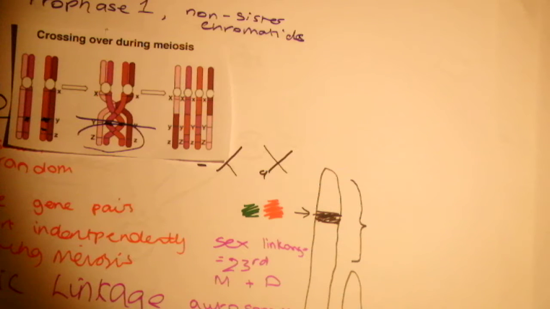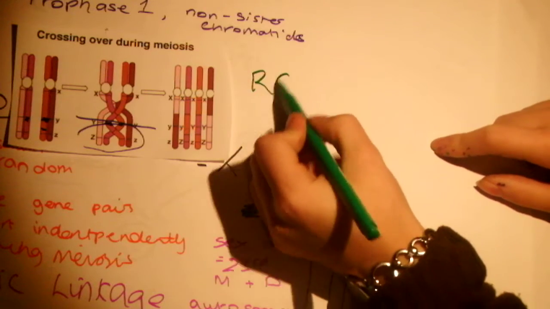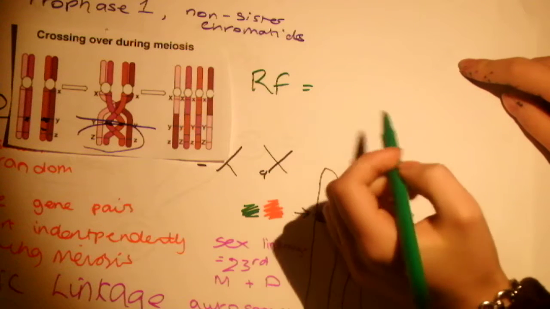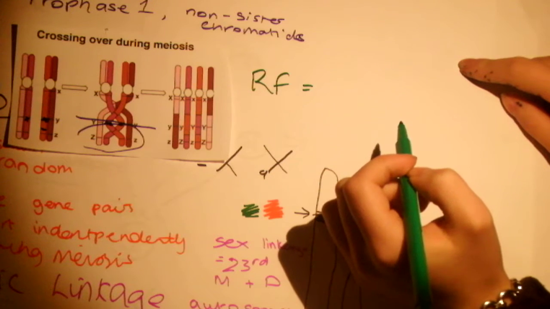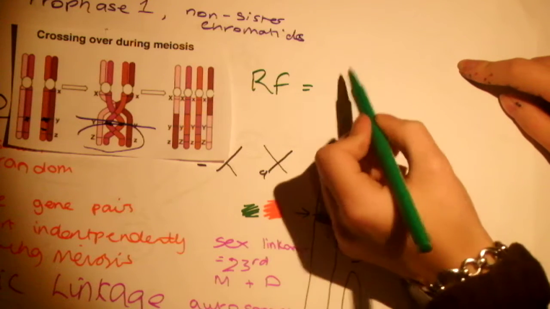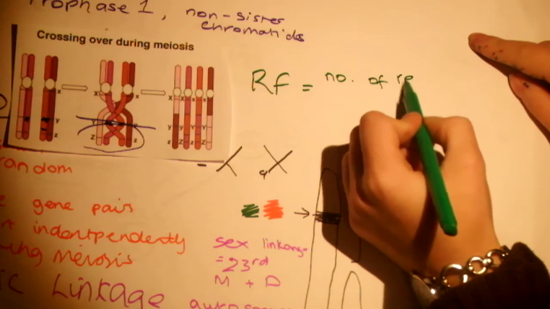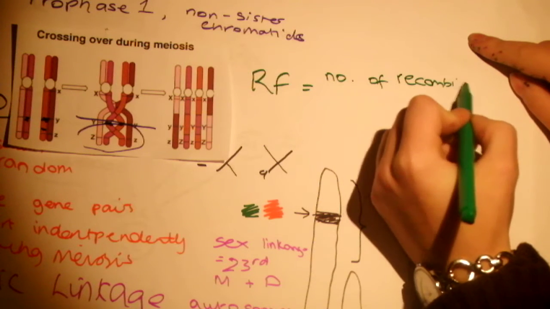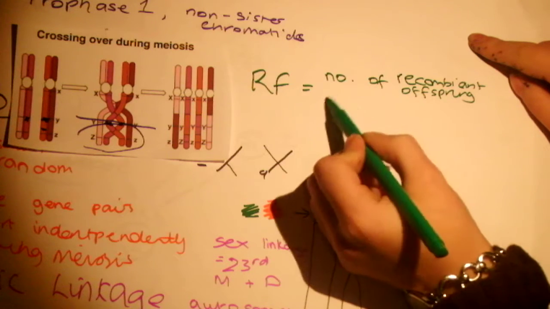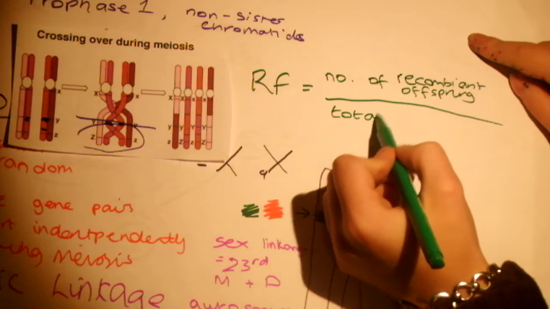The recombination frequency, RF, which is the amount of crossing over that's happened in meiosis, is the number of recombinant offspring divided by the total number of offspring.